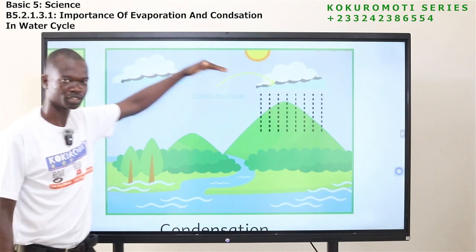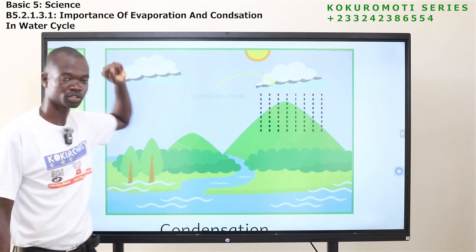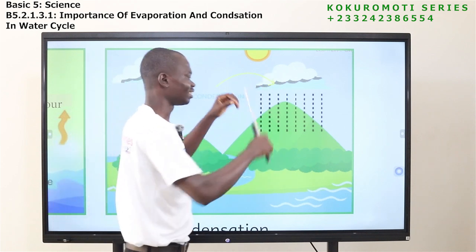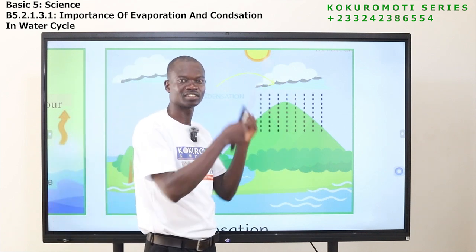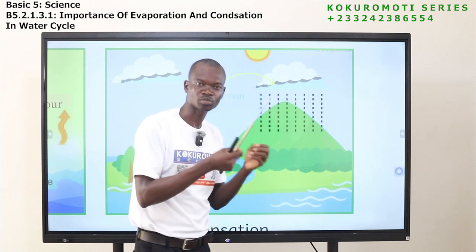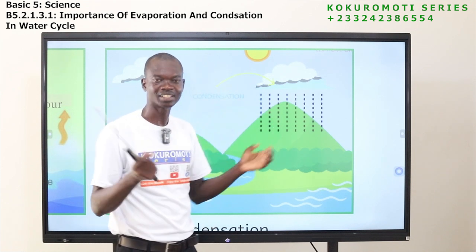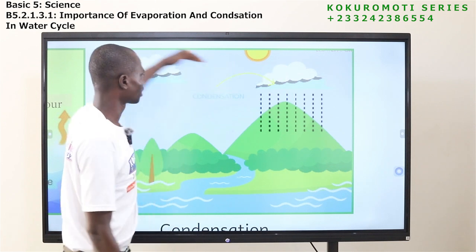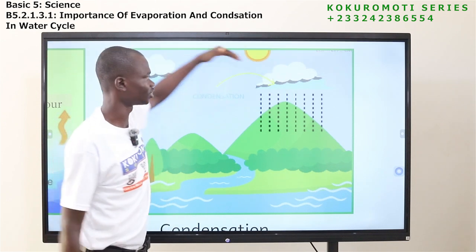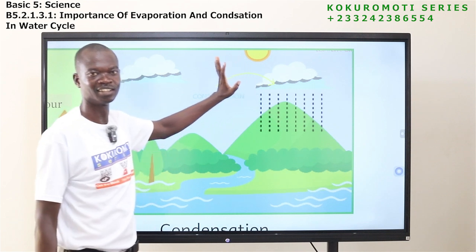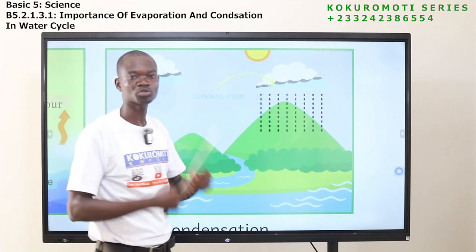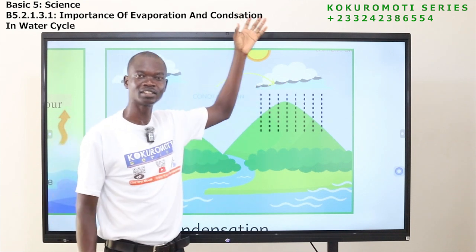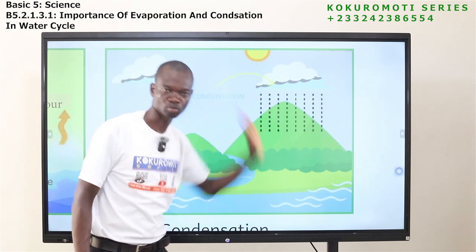The atmosphere, that place, is very cold. So when the vapor goes up like this, they are changed into what? Into water. These small water particles or droplets come together to form clouds. So you see the clouds here. The clouds will be there. It will get to a point that it will become so heavy that it cannot be contained in the atmosphere. So it needs to come back.